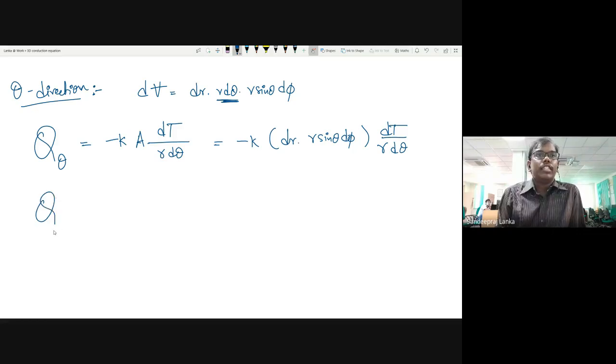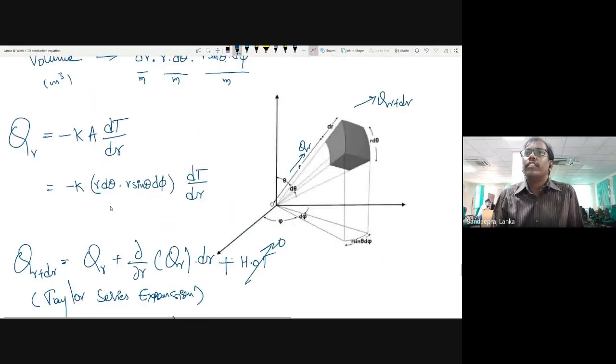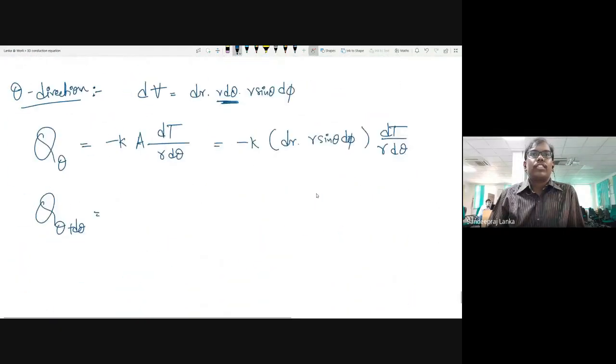That will be your Q theta. Then what you need is Q theta plus d theta. The theta will be something like this. Since this is theta direction, this will be your Q theta, and this will be your Q theta plus d theta. So that's what we are writing actually here.